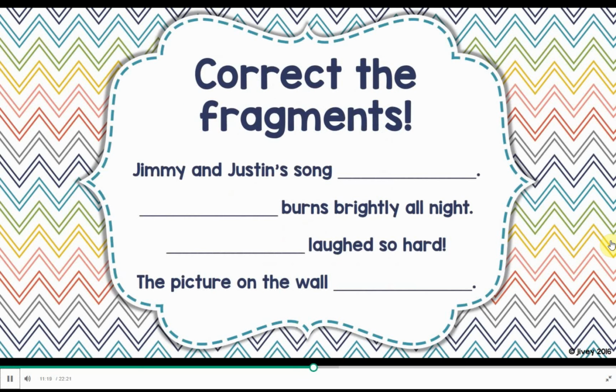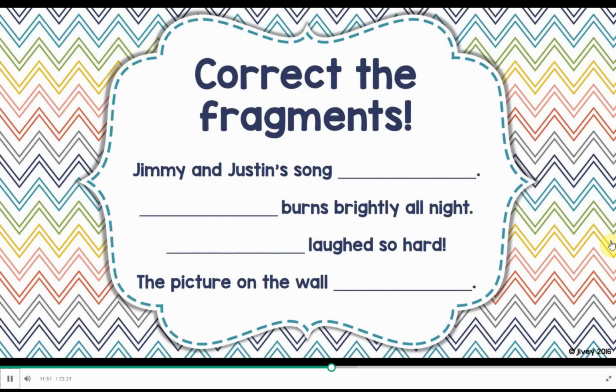Let's correct those 4 fragments. On the very last page of your interactive flat book, you have these sentences with the blanks. Fill in the blanks to complete the sentence and decide what you filled in. Is it a subject or a predicate that was missing? When you corrected the fragments to make a complete sentence, you had to identify what was there and determine what was missing to be able to make it a complete sentence.